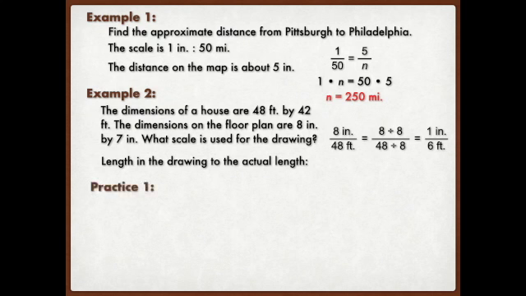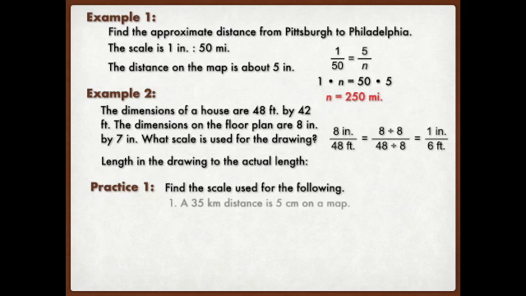Okay, let's try these practice problems. A 35 kilometer distance is 5 centimeters on a map. Find the scale. This is pretty easy. I'm just turning this into a fraction, right? 5 centimeters to 35 kilometers. But don't forget, I want to simplify this.